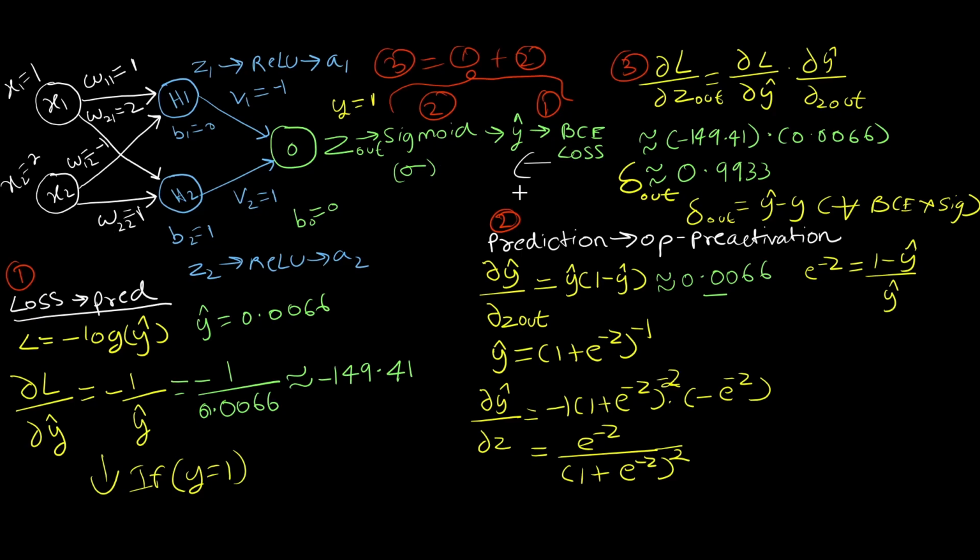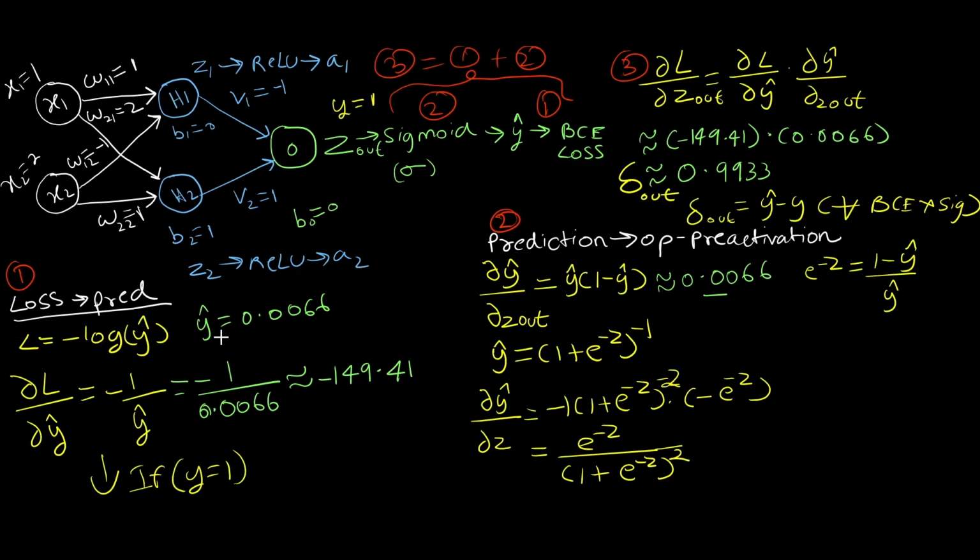So the first step, what we have here is the BCE, binary cross entropy loss, back to the predicted value y cap. So here we have the BCE loss function. This is in case the true label is 1, which we saw the equation before. If it's 0, we'll have another equation.